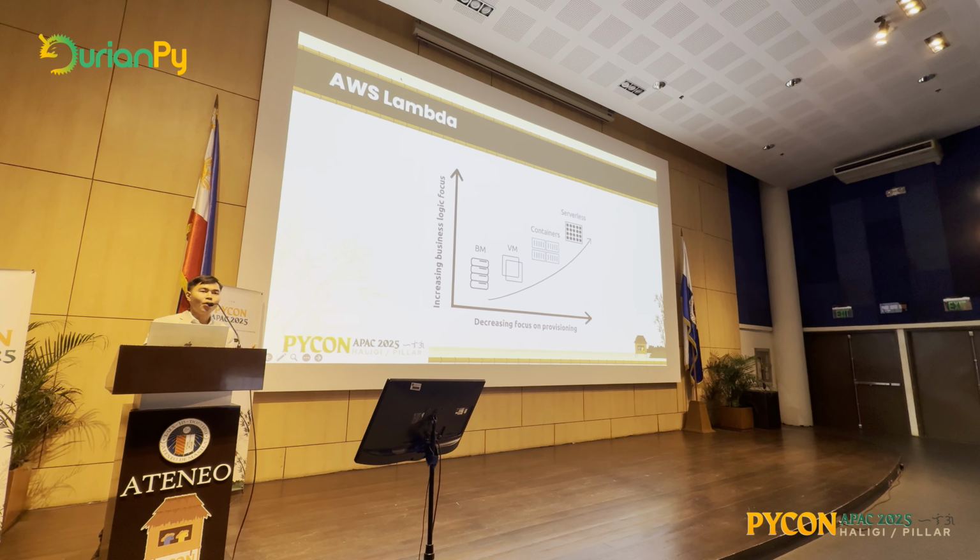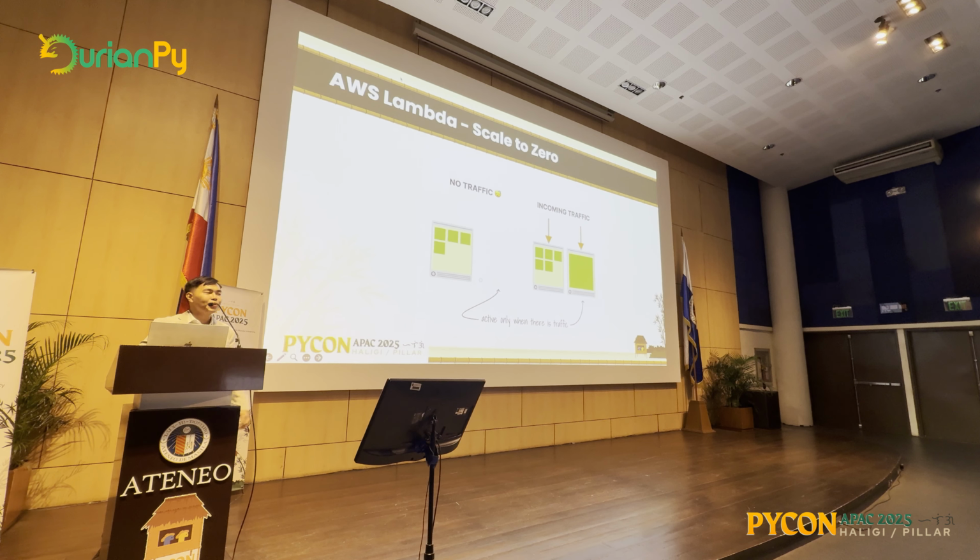And all we have to focus on now is our business logic, the differentiated work, so to say. And while we can scale to theoretical infinity, we can also scale to zero. So essentially, if you don't have any users, serverless will charge you $0 on your cloud provider bill. So that's awesome, right? So that begs the question, how do we build Lambda functions with Python?